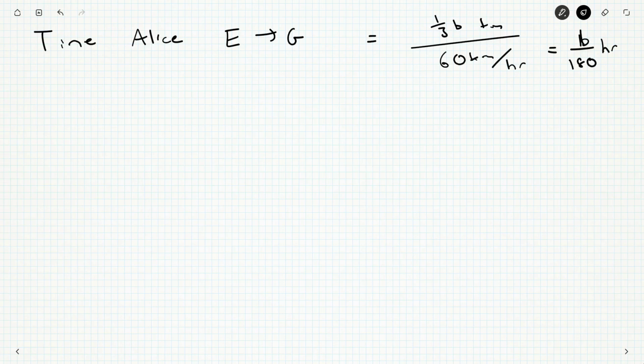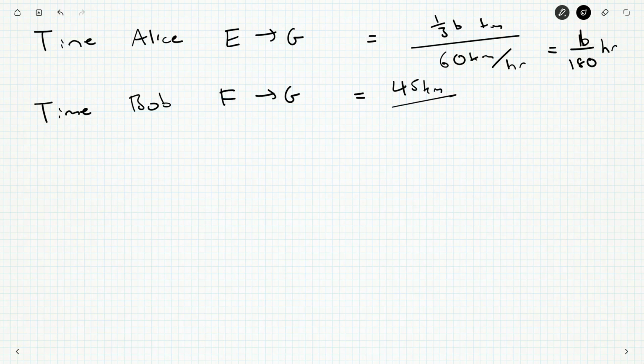Okay, B over 180 hours. All right, the time for Bob to go from F to G is 45 kilometers over B kilometers per hour, and that's just, I guess, 45 over B hours.